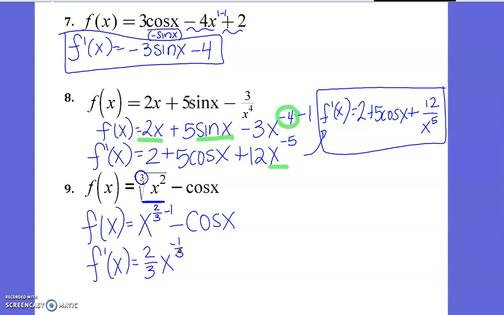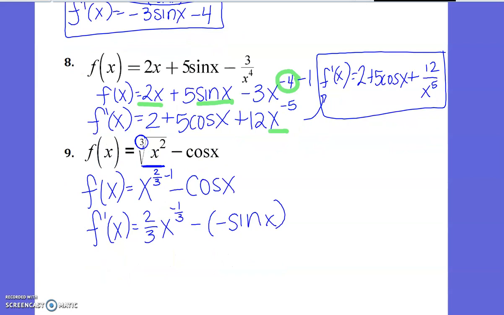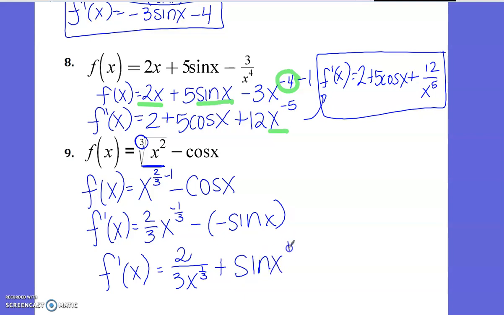The derivative of cosine is negative sine. So we got to do a little simplifying. So 2 over 3 x to the 1/3, that becomes plus sine x. And there's the power rule and then sine and cosine derivatives.